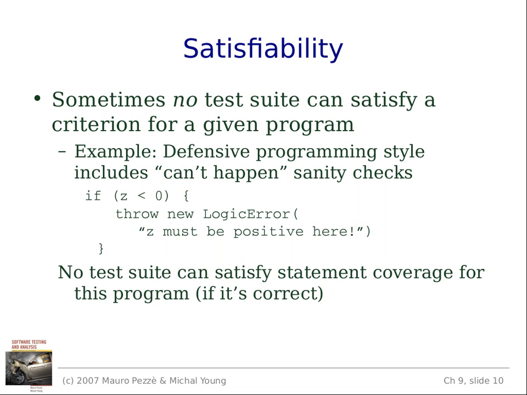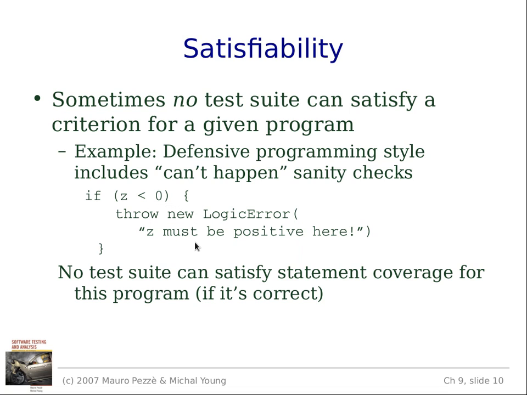So, satisfiability. It's important to note that sometimes you're not able to satisfy a criterion. For example, there's a very good programming practice of defensive programming, handling something that can't happen. So Z, you don't want it to be negative. Well, actually, this is a bad error because 0 is not positive either. Z must be a positive integer. That should be a 1.